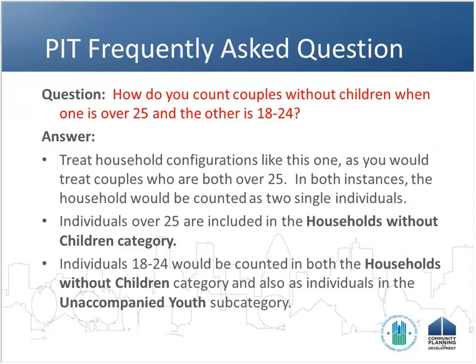So the way that our data is structured, you probably have all noticed this, we don't count families or non-families or couples, we focus primarily on what is the household composition, and it's generally focused on age groupings, right? Do you have people in a household who are under 18, and are there people in a household who are over 18?